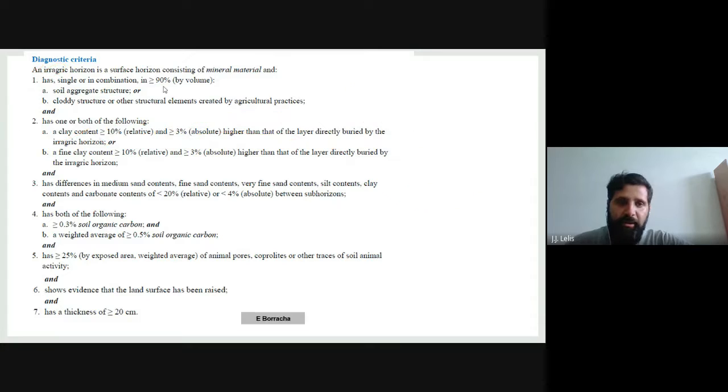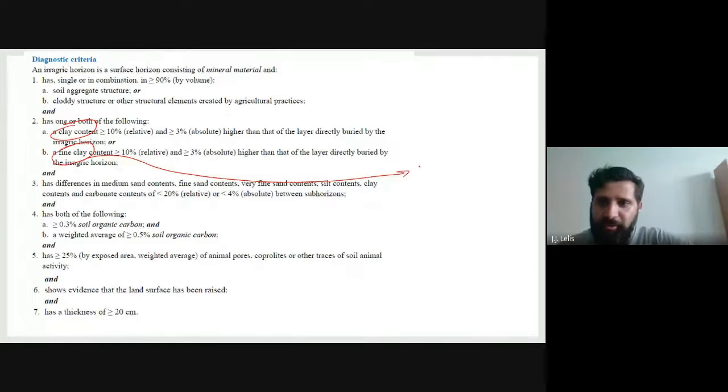Okay, this could follow the clay content or the fine clay content, because some researchers also measure the content of fine clay. That's the thinner part of clay, okay?